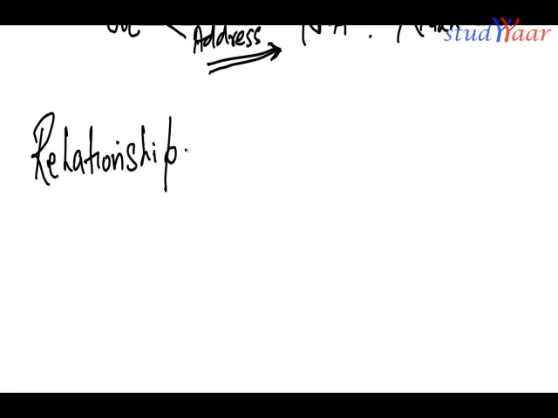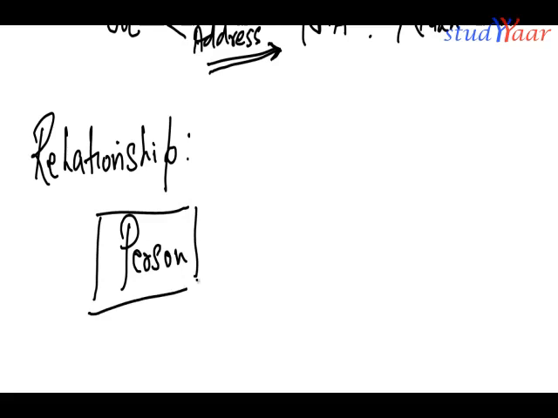Relationship basically models the interaction between one or more entities. So let's see how we explain this with an example. Let's suppose we have a person and we have a pet.